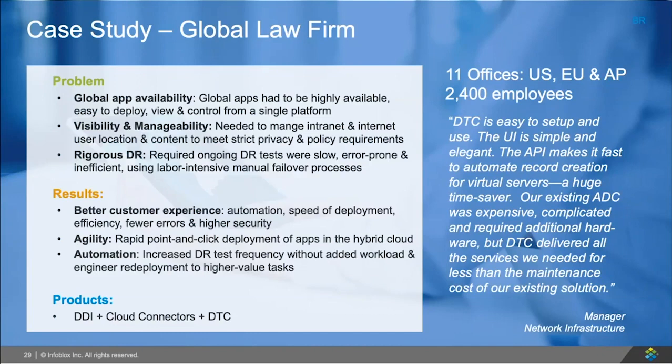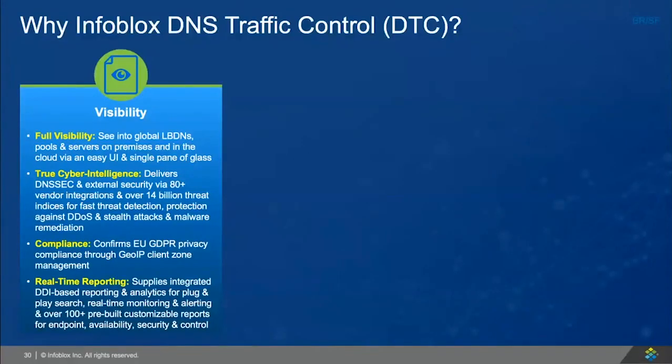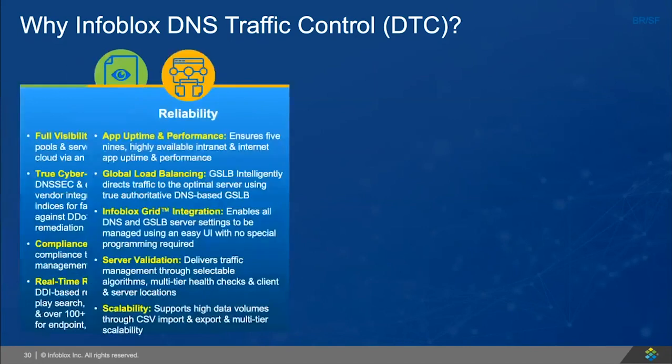So Scott, as we take a look, for those that are on the call, just to summarize, why would we use DNS traffic control? I think it comes down to visibility, right? Being able to see all your global LBDNs, the pools, the servers, the cyber intelligence that you mentioned, the compliance, the real-time reporting that we alluded to.